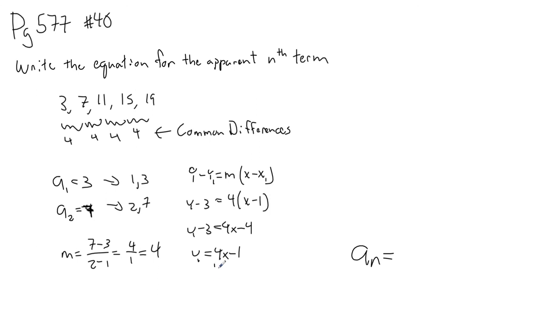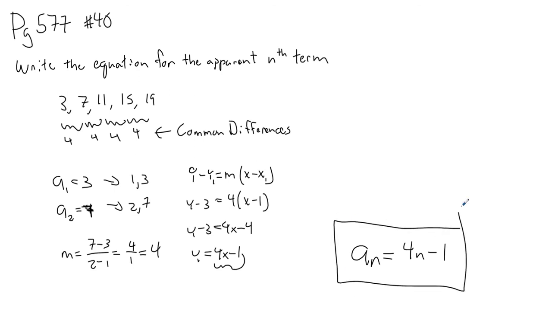And so this expression right there is going to become our equation for the nth term. The only thing I have to do is change the variable. So I got 4n minus 1. And we can clearly see if I plug in 1, 1 times 4 is 4 minus 1 gives me 3. The second term, 2 times 4 is 8 minus 1 is 7. The third term, 3 times 4 is 12 minus 1 gives me 11. So that is my apparent rule for the terms.